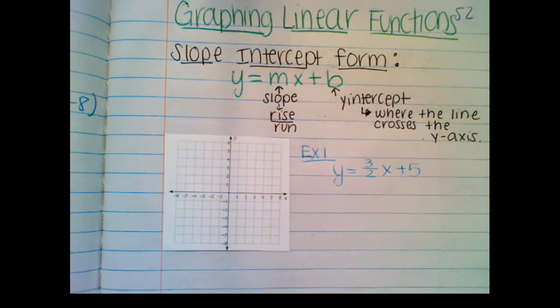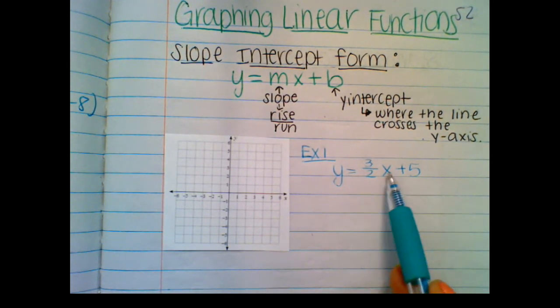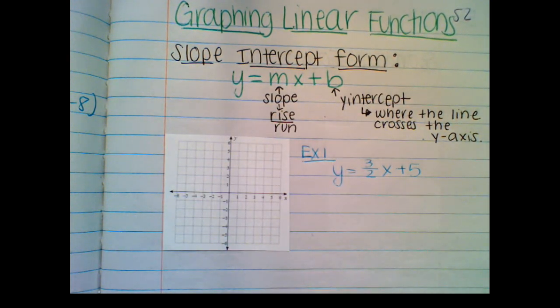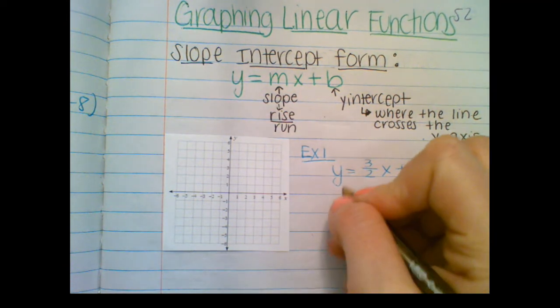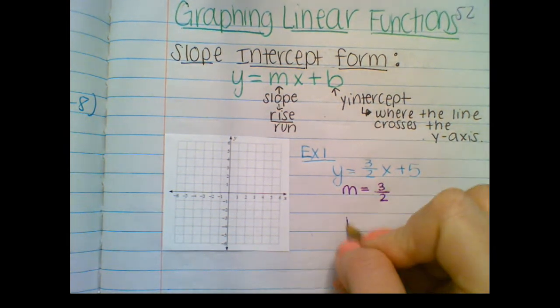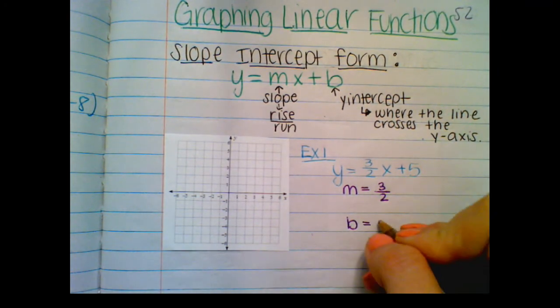Looking at this, it looks like y equals mx plus b. That means it's already in slope-intercept form. So I can automatically find out what the m and the b are. My m, my slope, is 3 over 2. And my b, my y-intercept, is a positive 5.